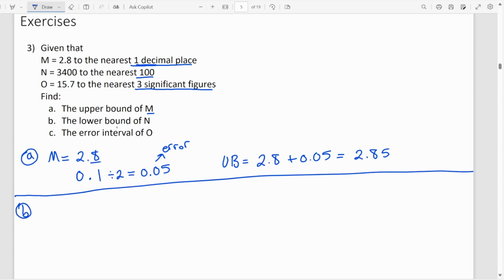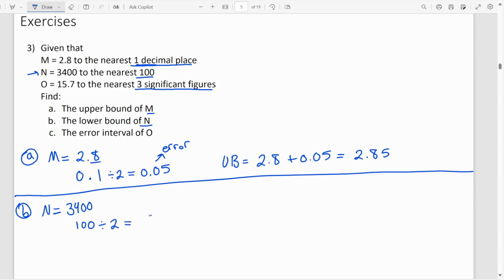Now, the lower bound of n. So n is right here. I'm going to write it down. N is equal to 3,400, and it's rounded to the nearest 100. So the error, the unit of round is 100, basically. We can just directly put that and divide this by 2.